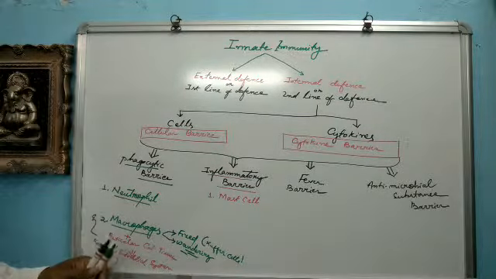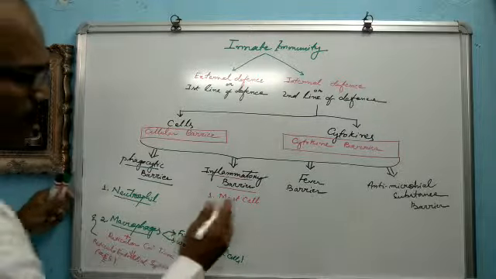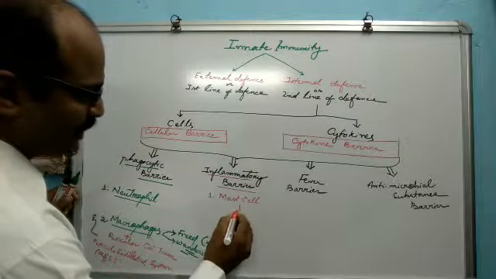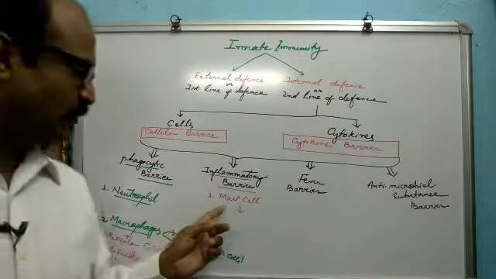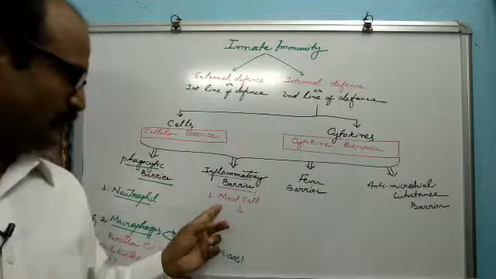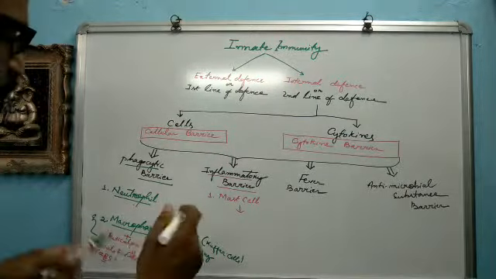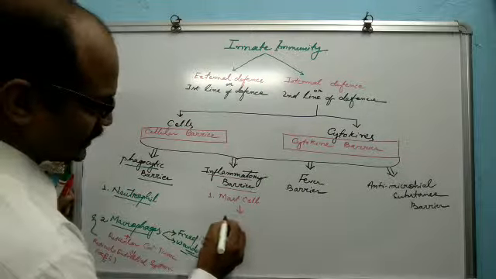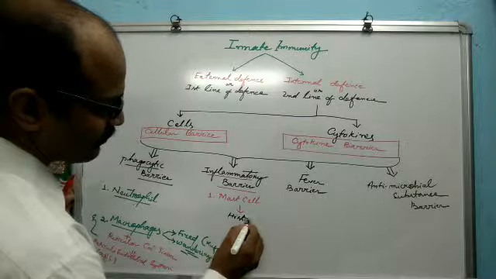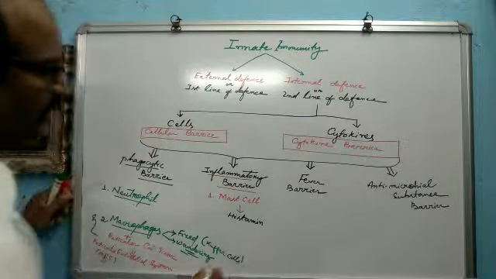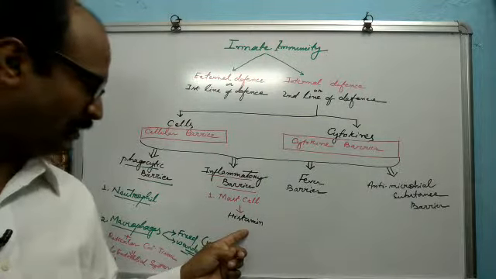The mast cell is the modification of basophil in response to pathogens, microbes, or wounds. The mast cell secretes a vasodilator chemical. This is known as histamine. This histamine is the vasodilator.